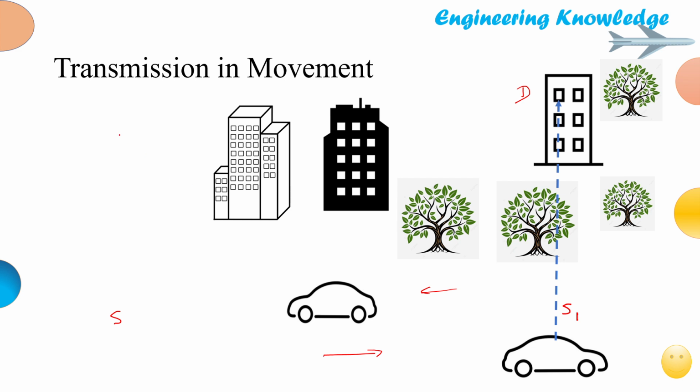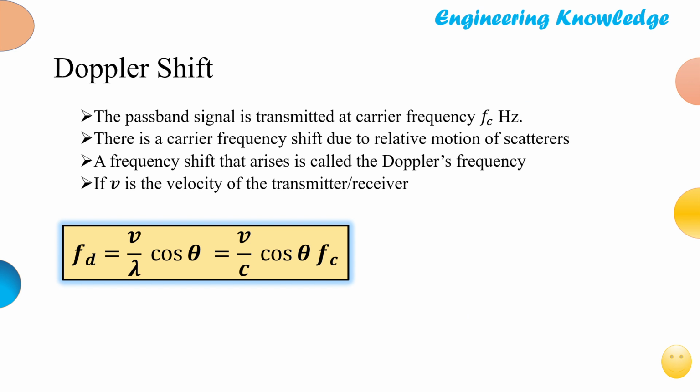Remember, we discussed that all transmission in wireless communication systems takes place using EM waves, and EM waves are nothing but, at the speed of light, we are sending signals which are characterized in wavelength and frequency. So what happens when this transmitter itself moves in a certain direction? Then the concept of Doppler shift comes. The Doppler shift is basically a shift in the carrier frequency through which the transmission was taking place.